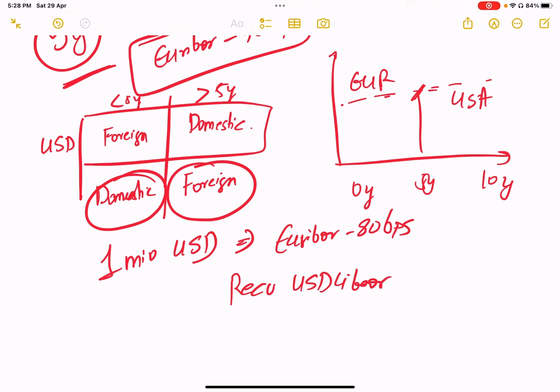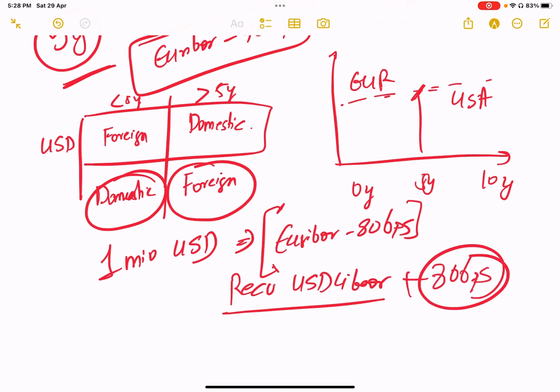And if I'm getting this much money, if I invest this in this bond, overall I'm generating USD LIBOR plus 80 bips. It is more than this I'm generating, right?